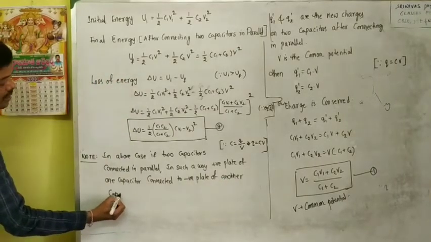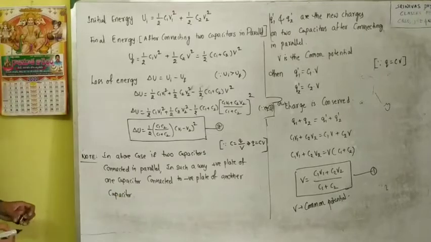Then what is the formula for the common potential and then what is the formula for the loss of energy?